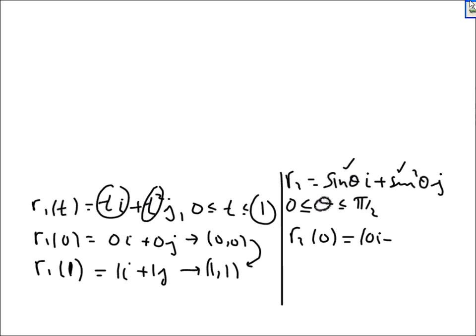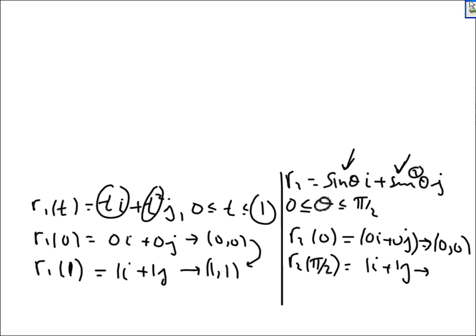It's just 0i plus 0j, which gives us the point (0, 0). Now, R2 of pi over 2. Sine of pi over 2 is 1. So you get 1i plus 1 squared, it's still 1j, which gives us (1, 1). So it's from (0, 0) to (1, 1), just like the first one did.